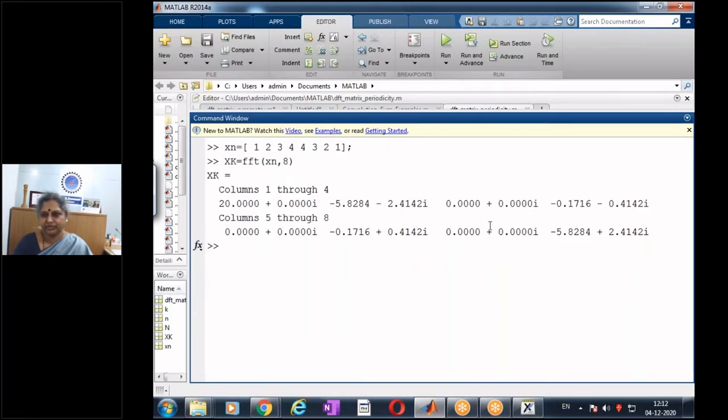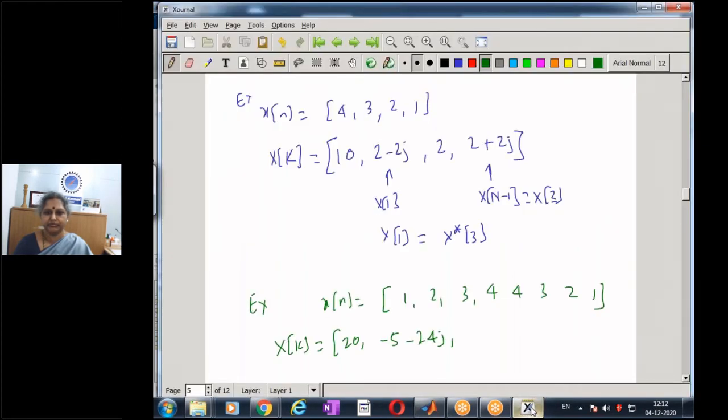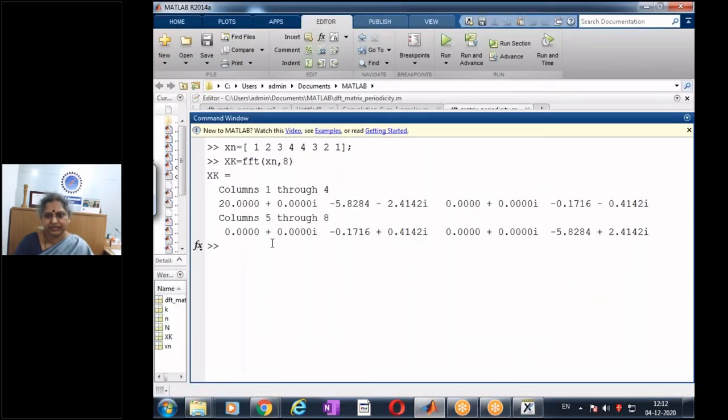Then we have a 0, minus 1.7 minus 0.41j, minus 1.7 minus 0.41j as the next term. And then we have the term as again a 0.